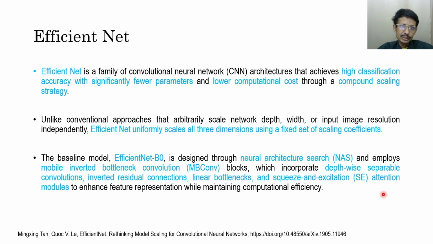That is the efficiency: it uses significantly fewer parameters and maintains lower computational cost. Unlike conventional approaches that arbitrarily scale networks through depth, width, or input image resolution independently, EfficientNet uniformly scales all three dimensions using a fixed set of scaling coefficients.